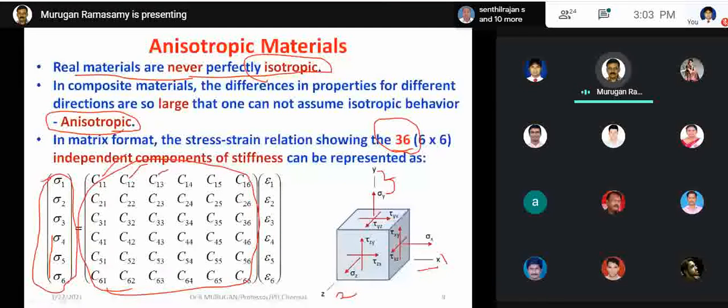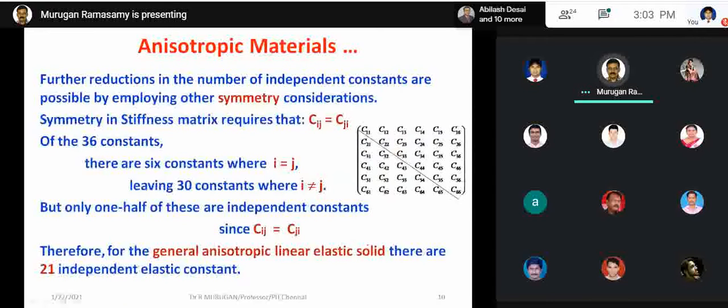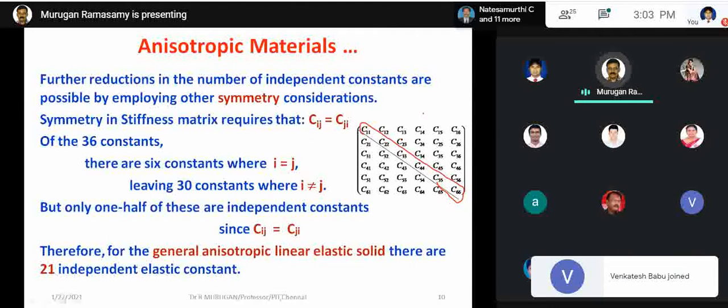So what they are doing is using some assumptions. These 36 constants are simplified by assuming some planes of symmetry. That means in these 36 constants, they will consider this major diagonal. These are the major diagonal elements, so these are independent constants, and they will assume that this matrix is a symmetric matrix.